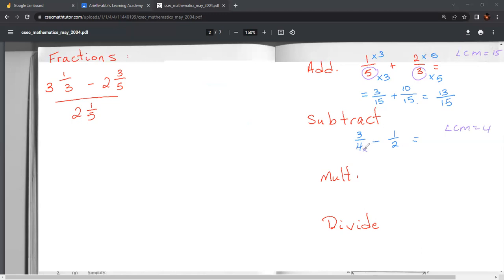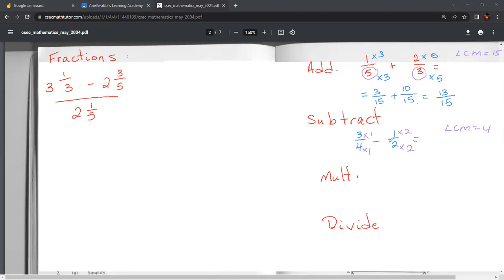This is already 4, so I could just multiply it by 1. Whatever I do to the bottom, I must also do it to the top. In order to make 2 into 4, I will multiply by 2. But whatever I do to the bottom, I must do it to the top.